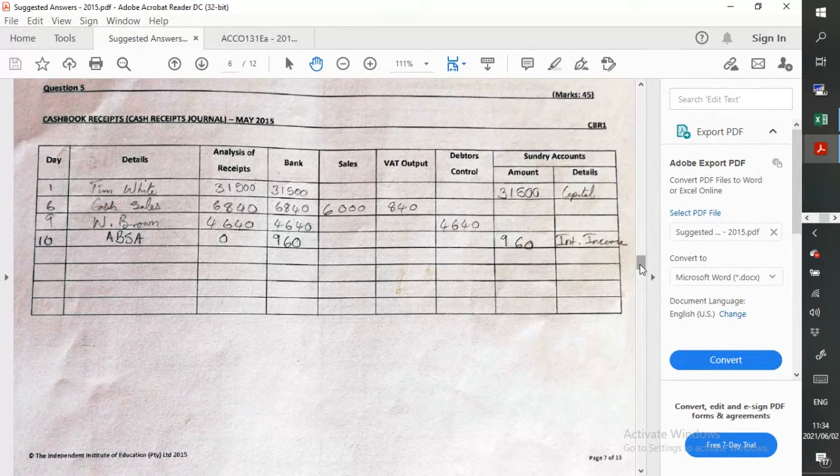Initially, we owed them 5,700, but then against a return of 1,140, we're going to take that 1,140 and minus it from the 5,700. On the 5th, it says paid engine for petrol using petty cash. That's going to affect your petty cash journal. We're not operating with that, so we need not pay attention to that. Move on to the next one.